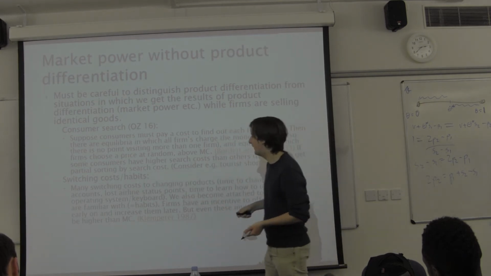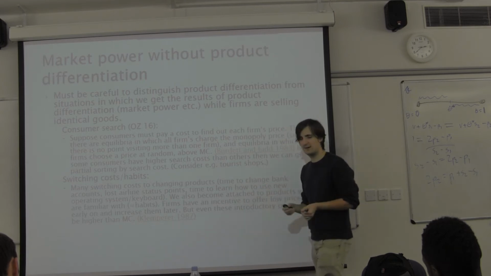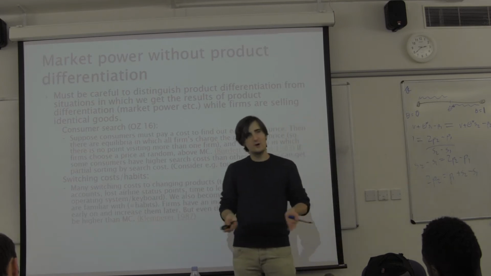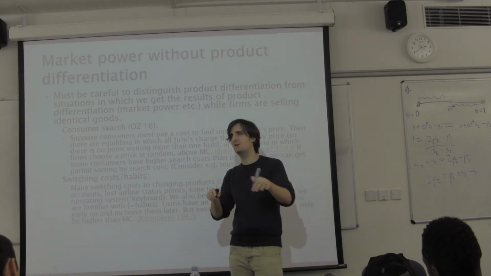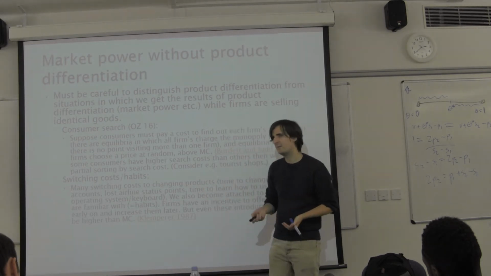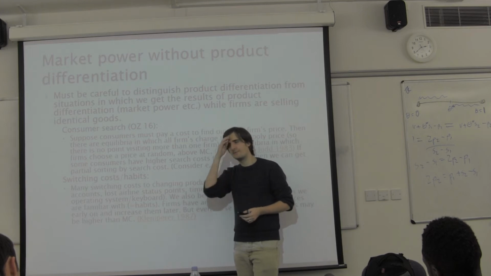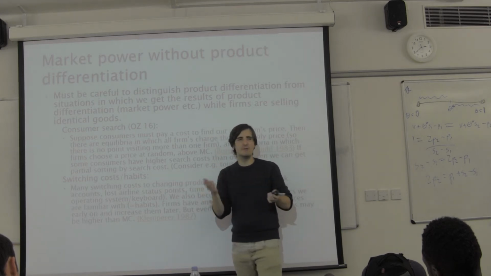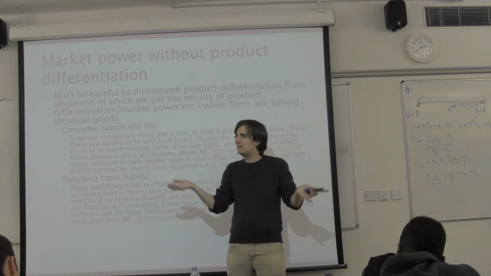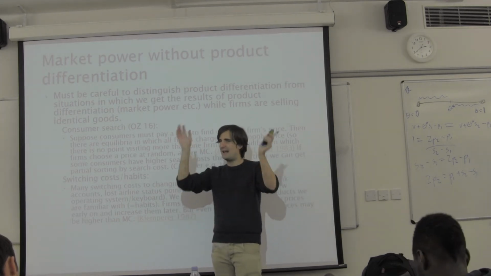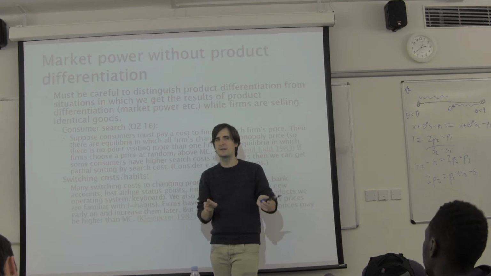Switching costs are another one. So it's a similar thing. So all of your keyboards have QWERTY keyboards, right? The keys along the top are Q, W, E, R, T, Y. And originally, the first typewriters, this is the year 1900 or something, very gigantic machines, they weren't QWERTY.